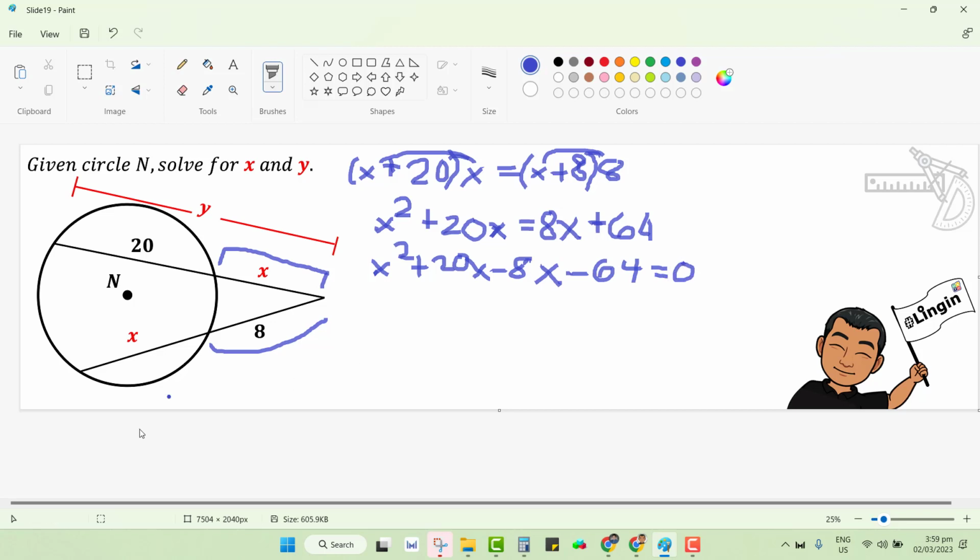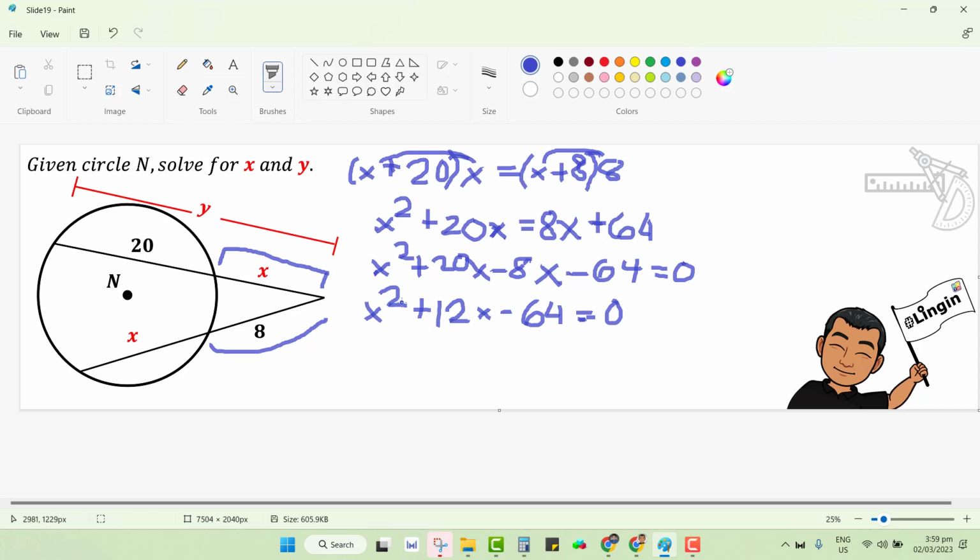And we will have here a quadratic trinomial, x squared plus 12x minus 64 equal to 0.